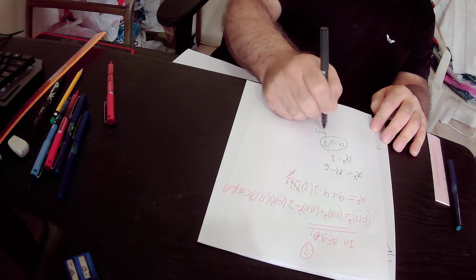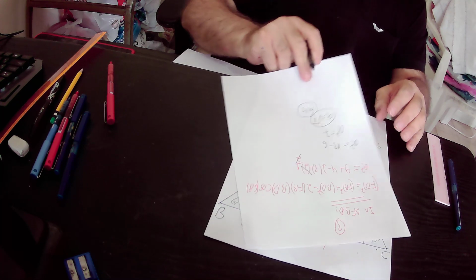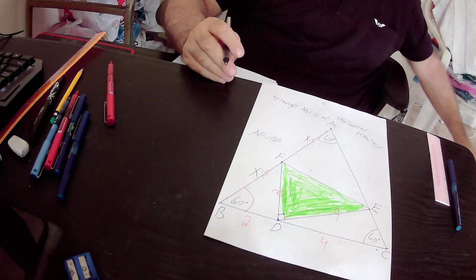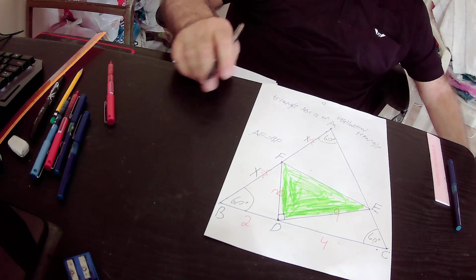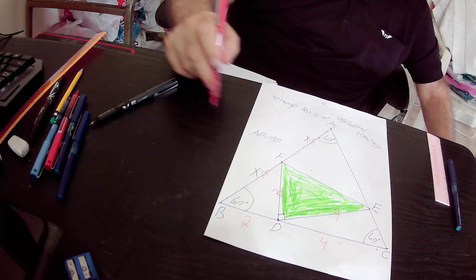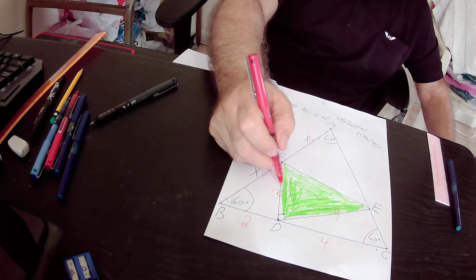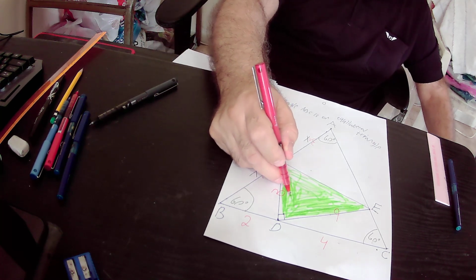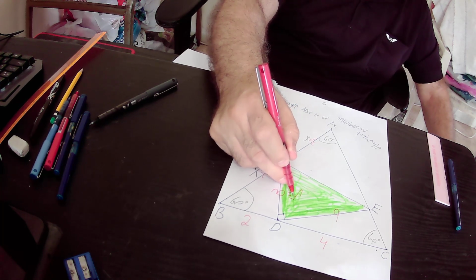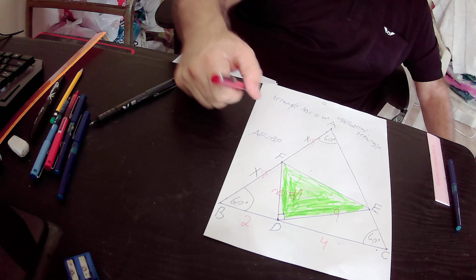Okay, so we found out that the value of A is root 7 units. So I write it down in the drawing that A equals root of 7 units.